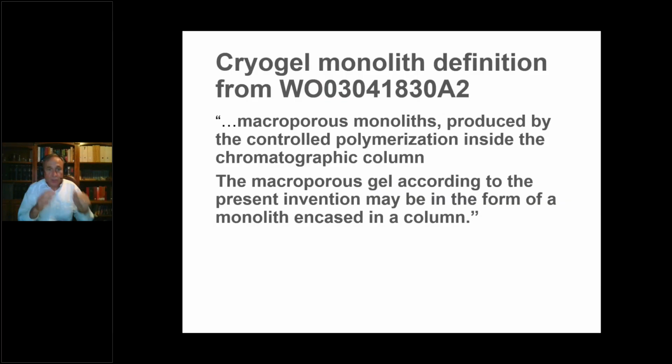Okay, so it says here, the monoliths. Okay, a monolith is produced by controlled polymerization inside a chromatographic column. Okay, they're not pouring beads into a column. They're putting these monomers in, and they're crystallizing and forming a cryogel inside the tube. And here it says, it may be in the form of a monolith encased in a column.